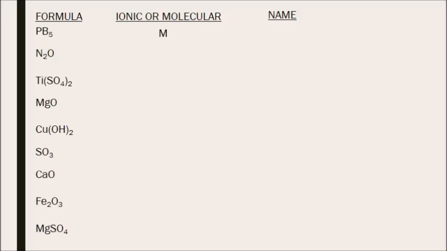And we've got 5 Brs, so that's going to be 5 bromines, and we're going to put that into naming it. We're going to use the prefix penta for the 5, and we're going to use bromide for the bromines. So we're going to get phosphorus pentabromide.